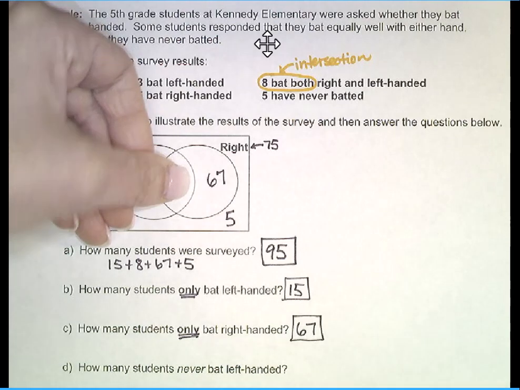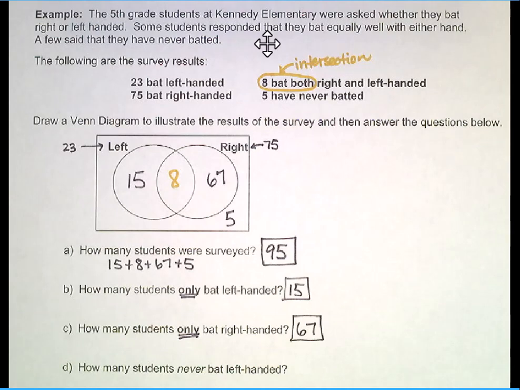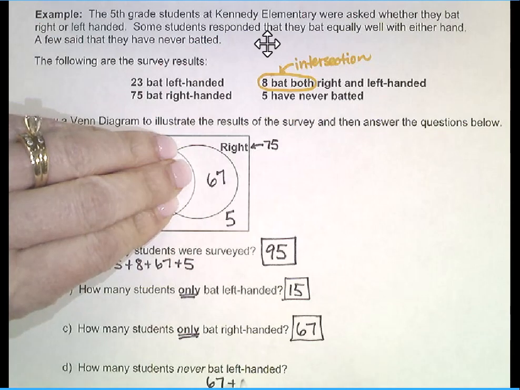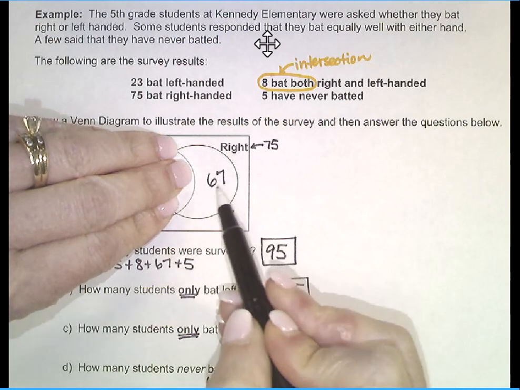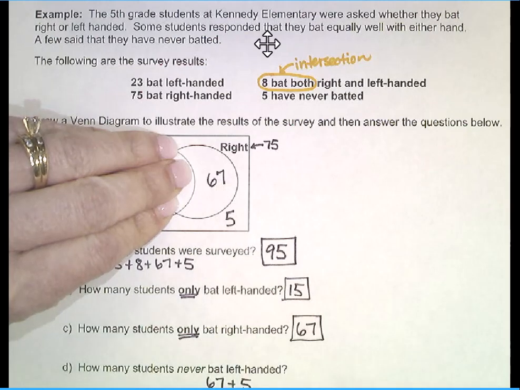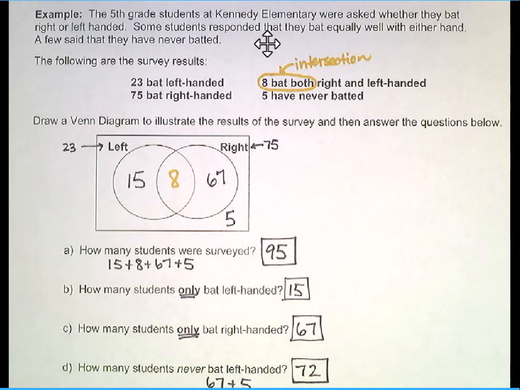And how many students have never batted left-handed, so not left? That would be 67 plus the 5. 67 that only bat right-handed, and then these 5 that have never batted. And so that's going to be a total of 72. Okay? Start with the intersection.